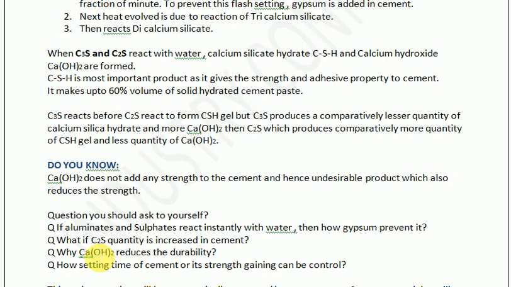Now we know that calcium hydroxide is an undesirable product, but we need to understand why. How can the setting time of cement or strength gaining be controlled? Different chemicals react differently with water, so increasing one chemical will enhance one property, while increasing another chemical will enhance another property. That we need to understand.